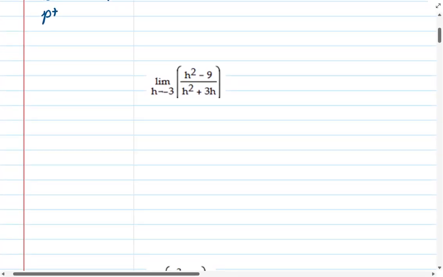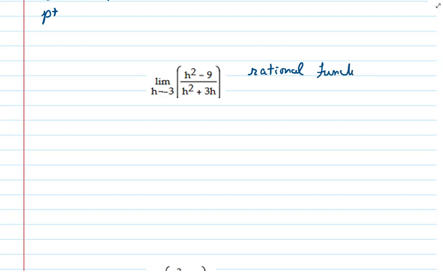In this case, we have a rational function. In a rational function, we cannot have 0 in denominators. So we have to first verify what the domain restrictions are.